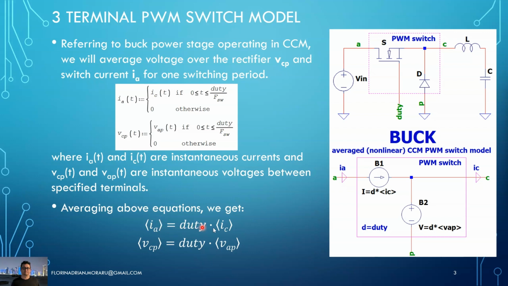It's the duty cycle times the average current at the C terminal. And in a similar manner, the voltage across the VCP terminals is the duty cycle times the voltage across the AP terminals.